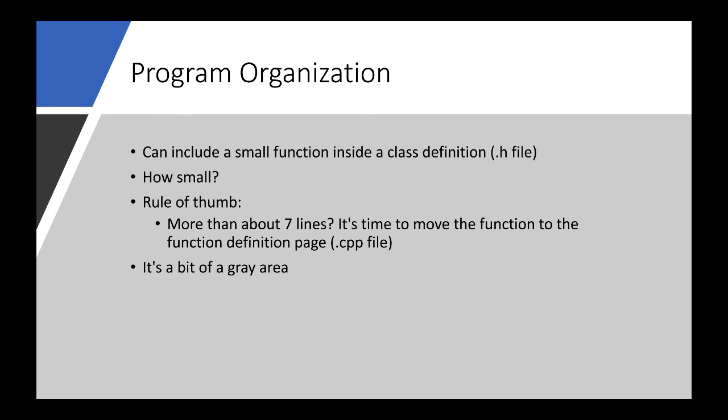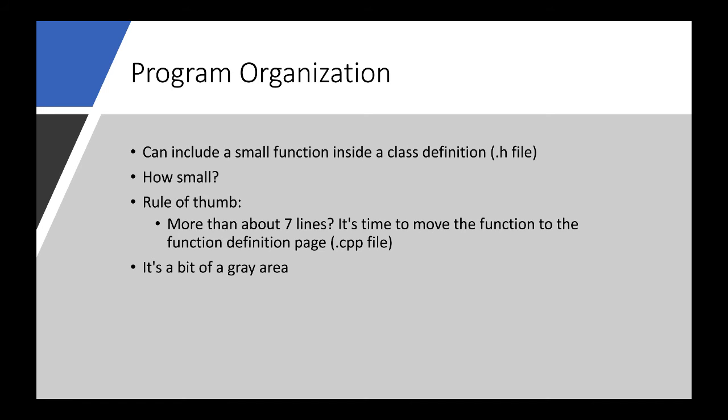Can your class have a small function inside of it? It can. We just saw that. So how small usually do we want to allow that function to be? I personally do not like to have functions that have more than 4 lines in my class definition. But the rule of thumb says about 7 lines. If you start to get to that amount, it's time to move your function to the .cpp file.